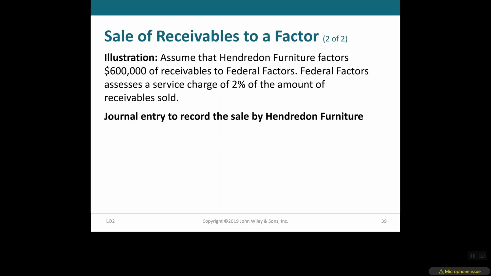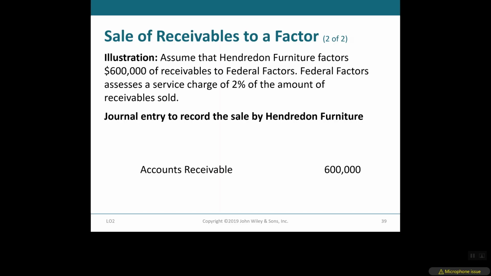All right, let's look at an example. Assume that Hendon Furniture factors 600,000 of receivables to Federal Factor. So Federal Factor is buying 600,000 of furniture receivables. Federal Factor assesses a service charge of 2% of the amount, so 2% of the 600,000.